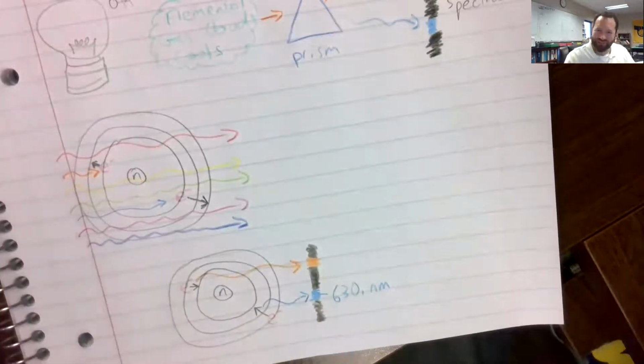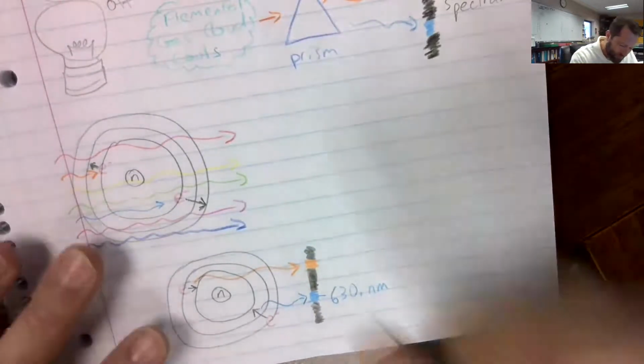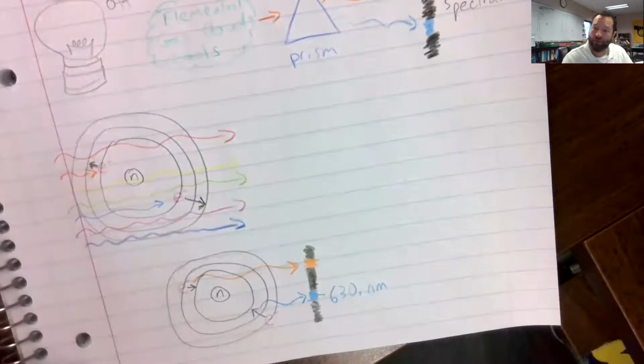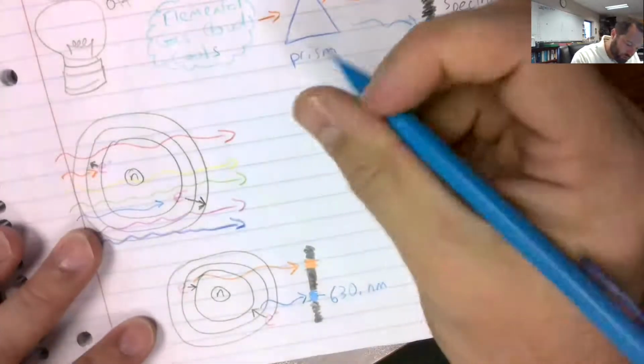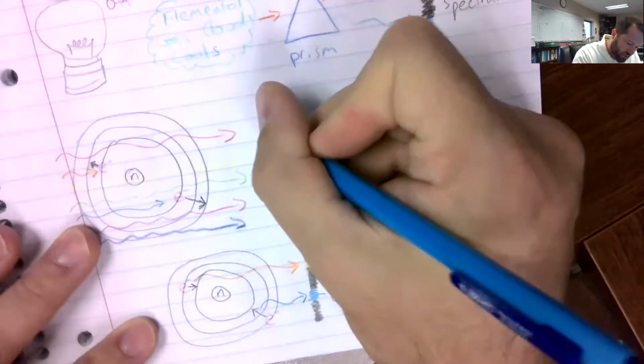Really pretty cool stuff. How these scientists figured this out 100 years ago, I have no idea. So the first thing we need to do, we can't work in nanometers. If you remember the speed of light, it's in meters per second. Nanometers won't do it for us. So first thing we need to do is convert to meters.